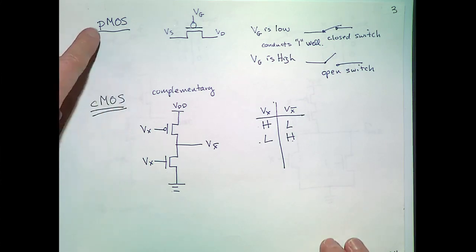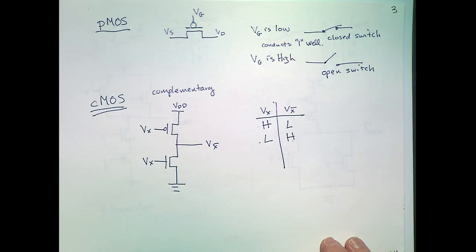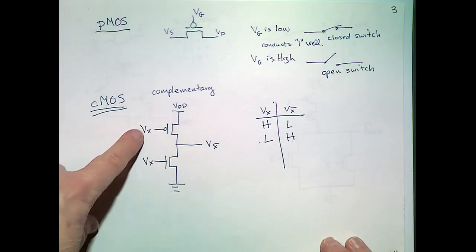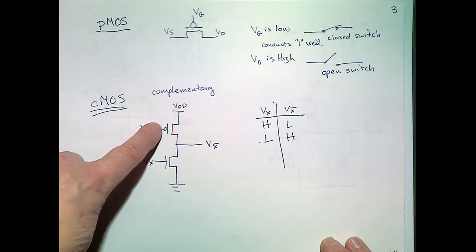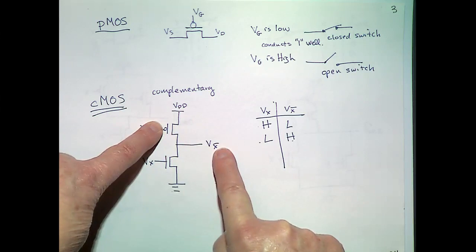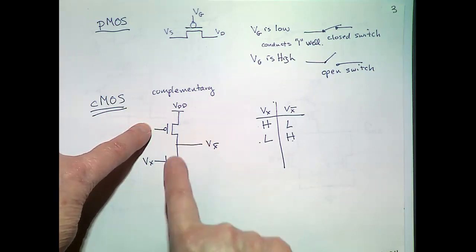By using both types, we obtain complementary logic, otherwise known as CMOS. Basically, when x is 0, this one is on, this one's off, and we are pulling up the output. And when x is 1, this one is off, this one is on, and we are pulling down the output.